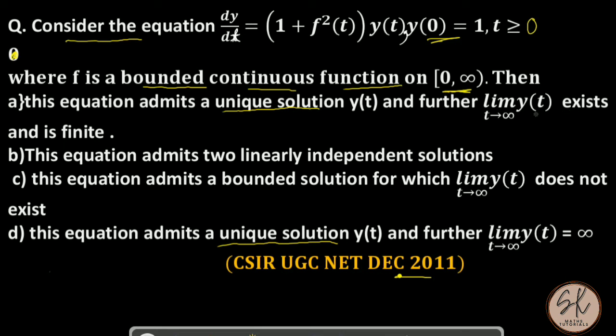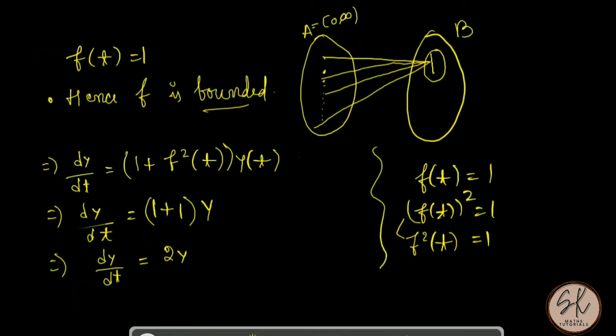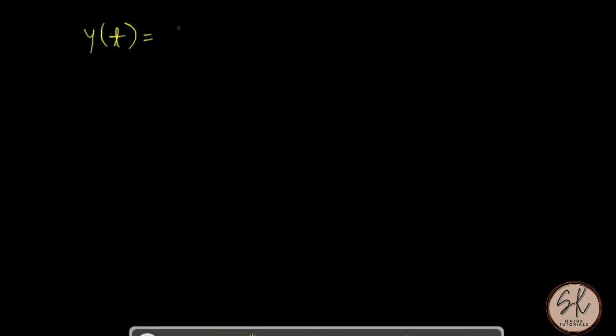Option A says the limit exists, and D says the limit is infinity. So let us check which of these options is correct. Now we will find the limit of y(t) when t tends to infinity, and check whether the limit exists or not. y(t) = e^(2t).